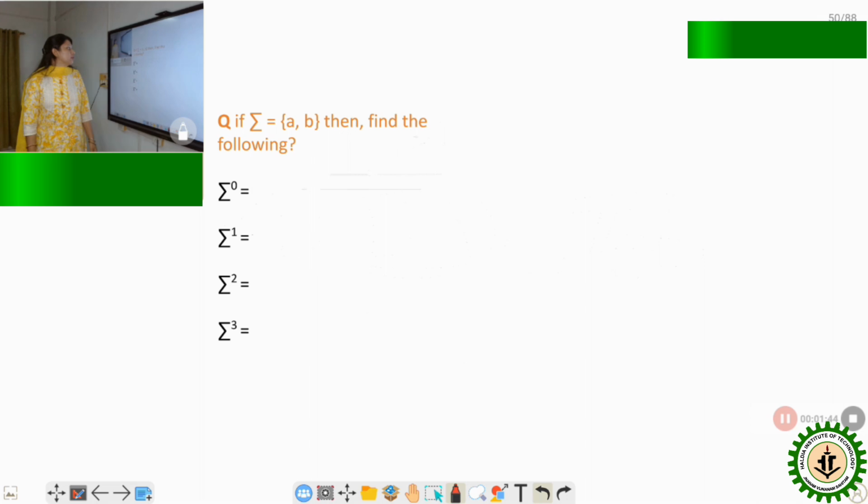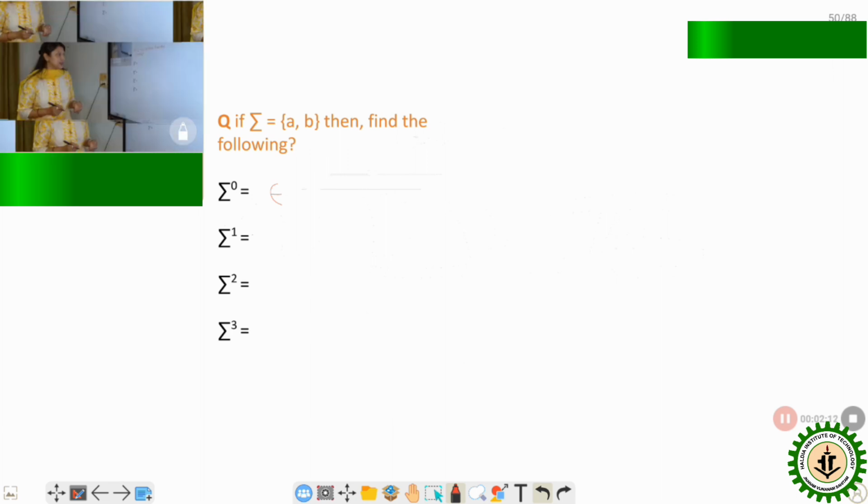Now, sigma. What is the meaning of sigma to the power 0? Sigma means the set of input symbols, and sigma to the power 0 means the set of input symbols of length 0. So it will be epsilon, the null string.